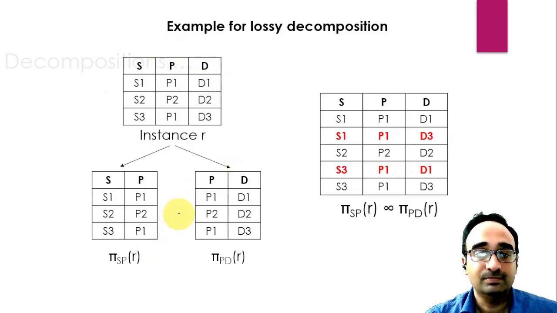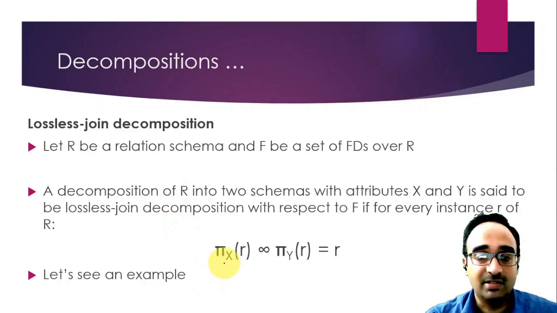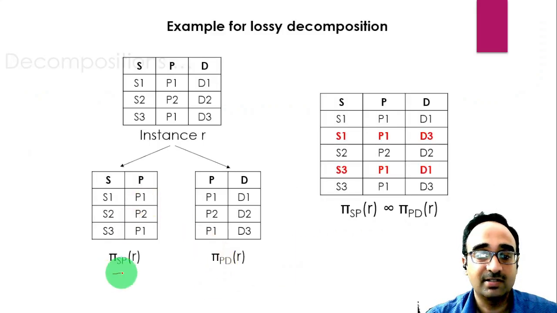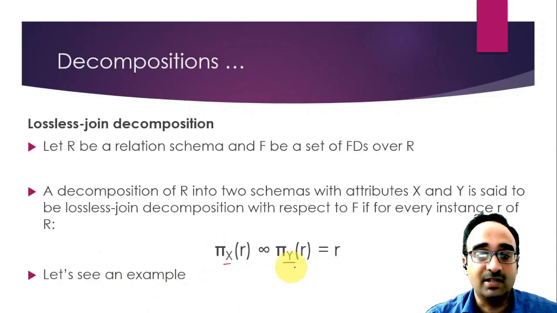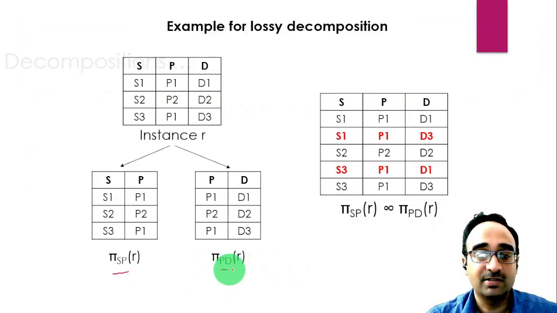If you see the previous slide, this X and Y are subsets of attributes in the original relation. So here X is this SP and this Y is this PD.